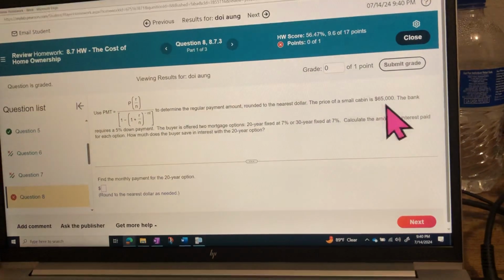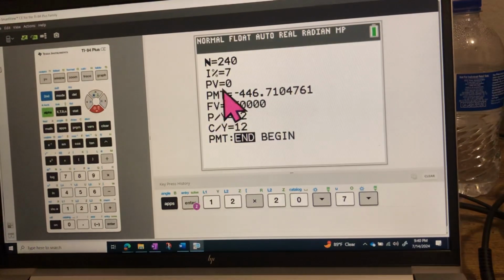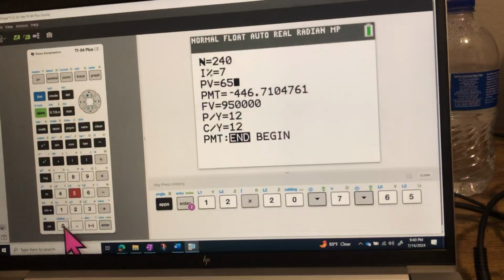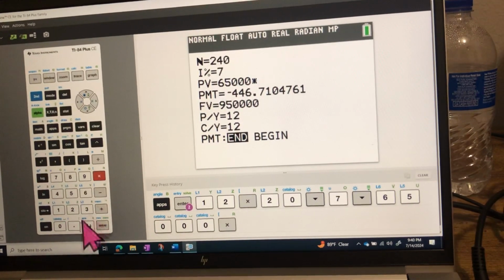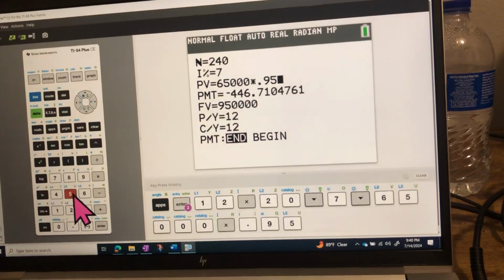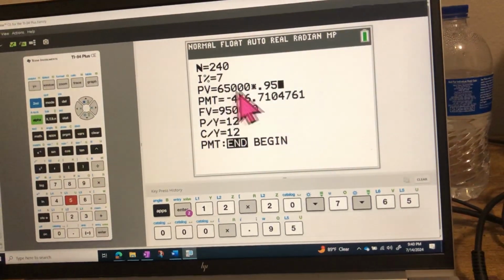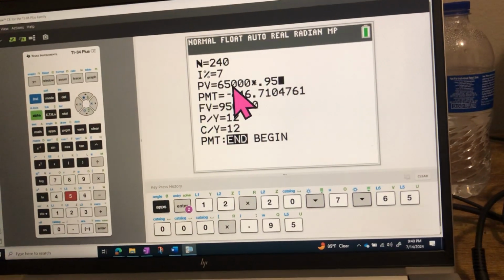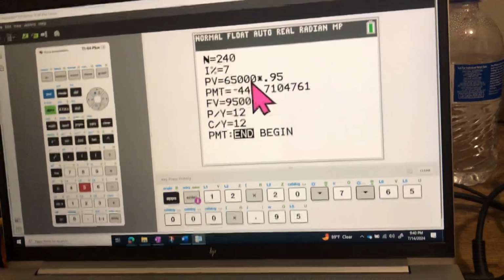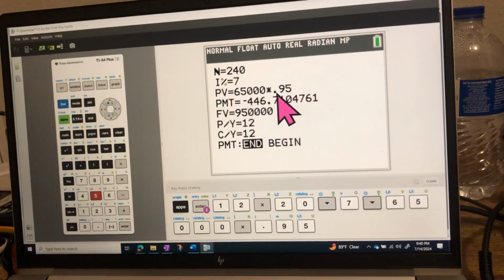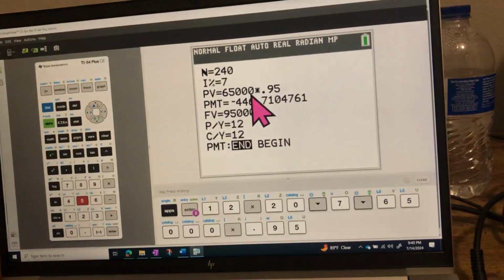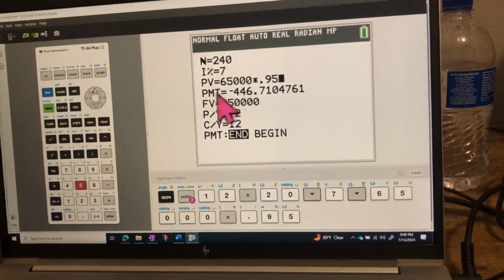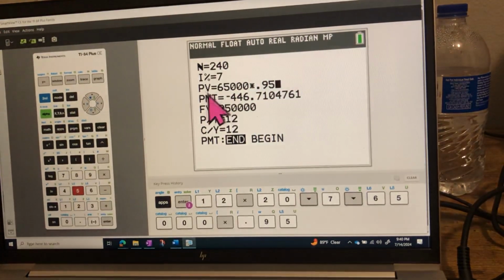So the present value of the loan is 65,000 times 0.95. You can do that on your scratch paper and then do the entry as well.